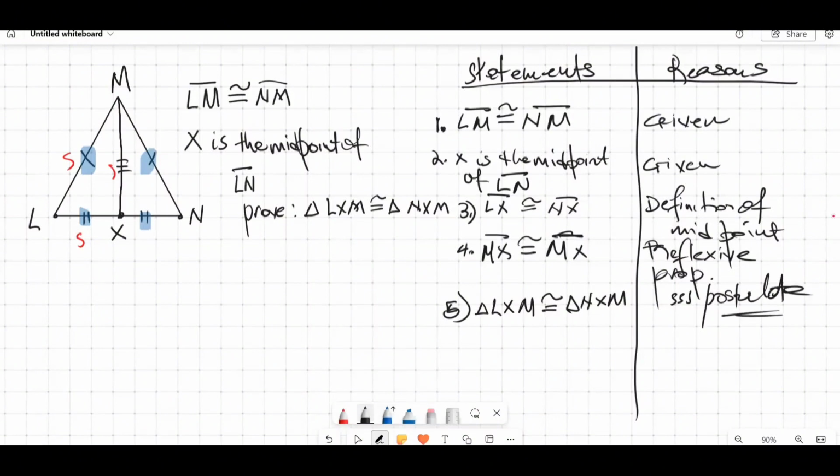Based on what we have up here, we got numbers 1, 3, and 4. Those are the three sides, and they would have been the solid evidence that we got. This would have helped us to prove this, and this is how we do a two-column proof.